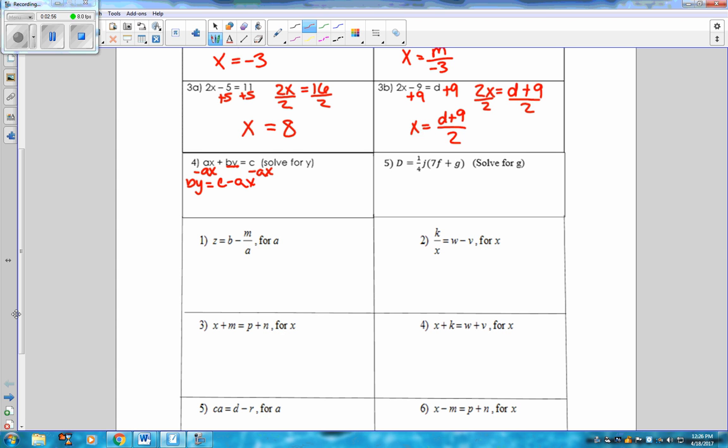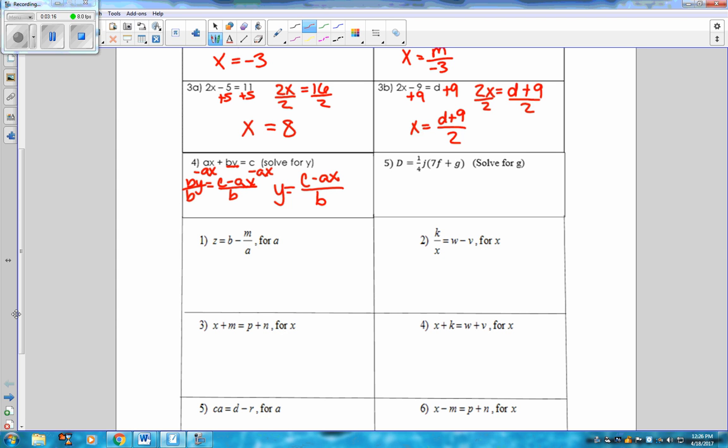Y is not by itself yet, and so to move the b to the other side, I have to divide by b. So my final answer is y equals c minus ax divided by b.